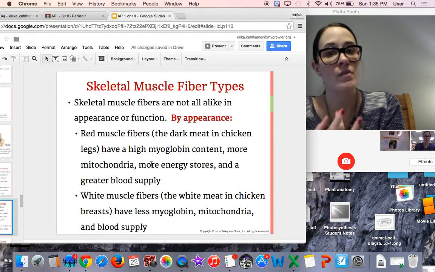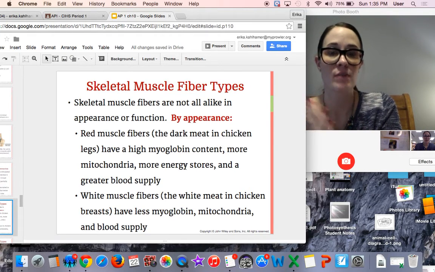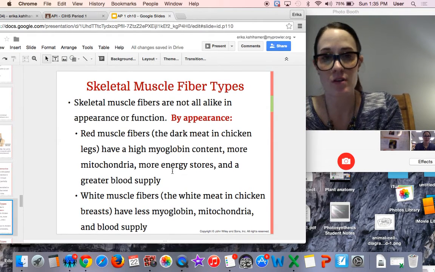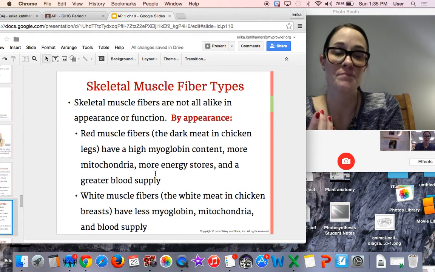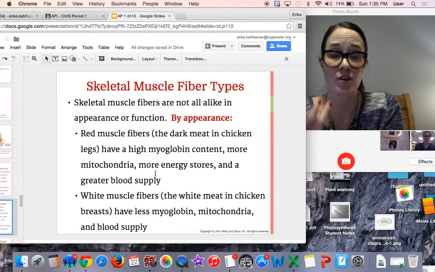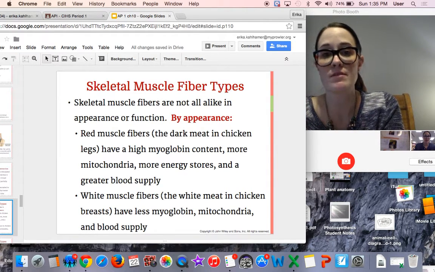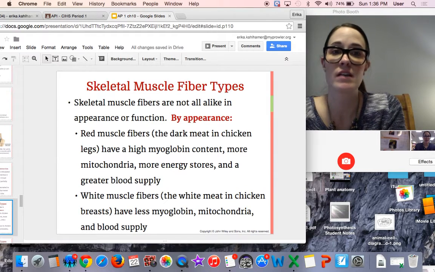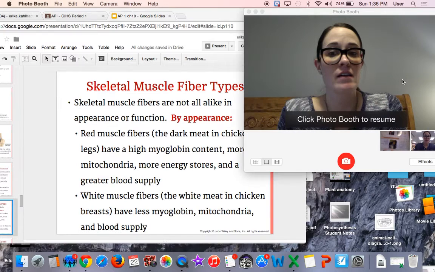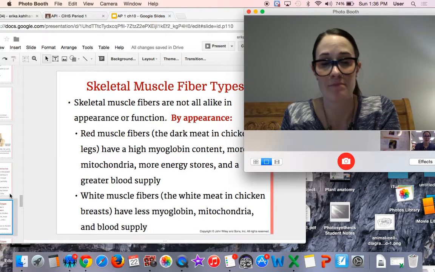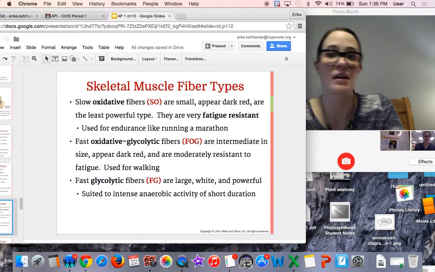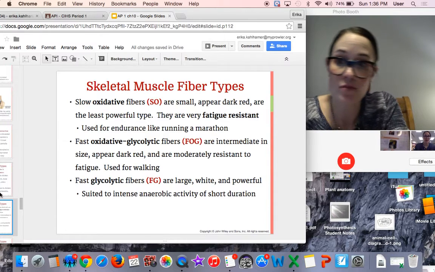They also have more mitochondria, so more active muscles, more energy stores, and a greater blood supply. So that richer, darker color. White muscle fibers, like the white meat in chicken, don't have as much myoglobin, don't have as much mitochondria, and not as rich a blood supply, which makes sense based on the color. So those are the color differences.